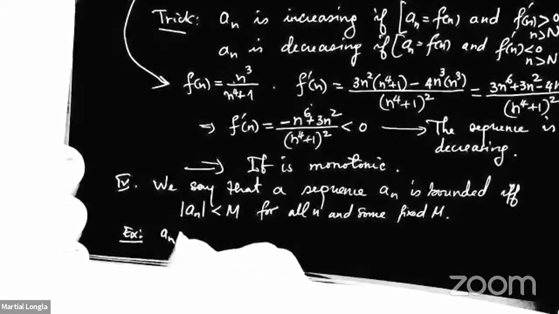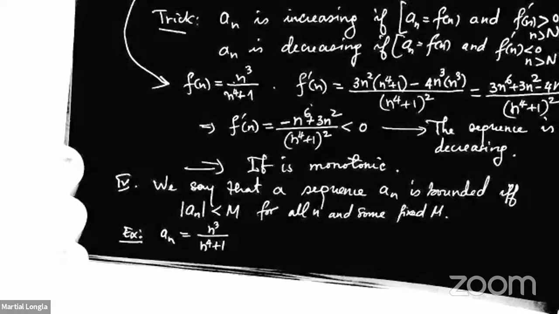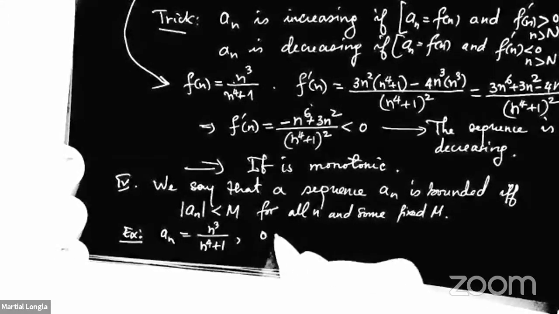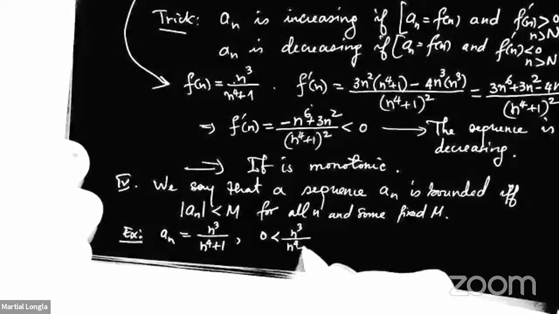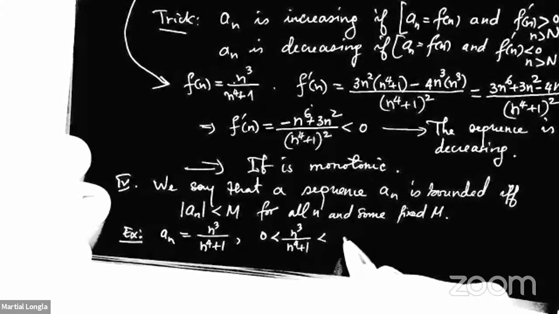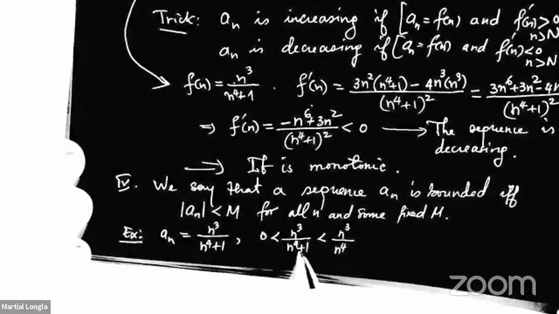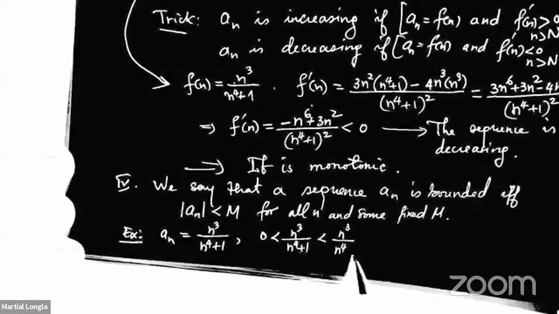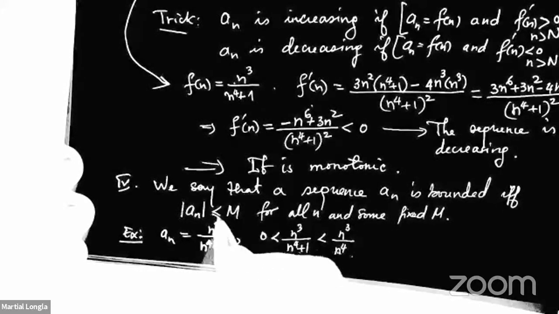In the example that we had here, we had an equals n cubed over n to the fourth plus 1. We do know that 0 is less than n cubed over n to the fourth plus 1, and this thing is less than n cubed over n to the fourth, because if I remove 1 from the denominator, I get a larger fraction. Over here, you can put less than or equal, right?